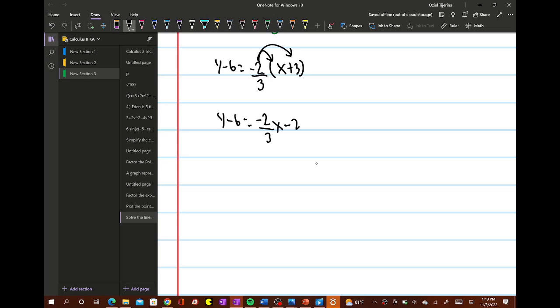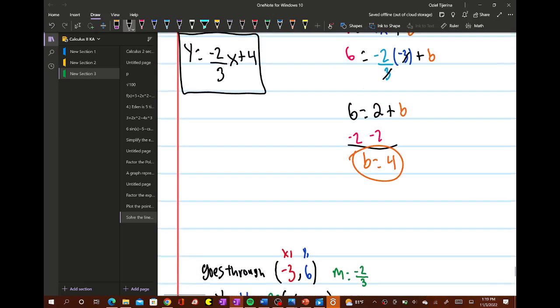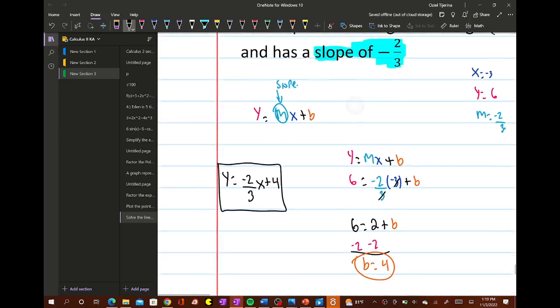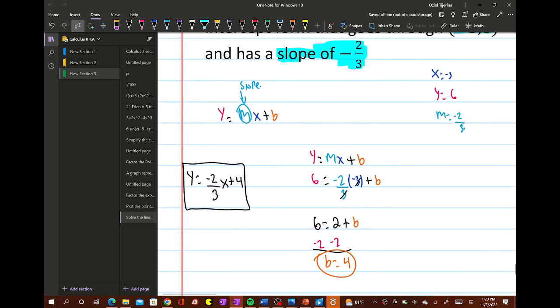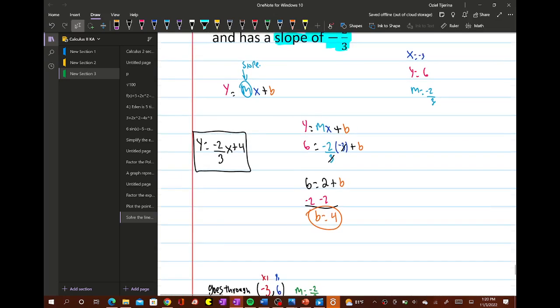The last thing you have to do is add 6 to both sides. Then you get y equals -2/3 x plus 4. This is exactly what I got when I did it using the other method.